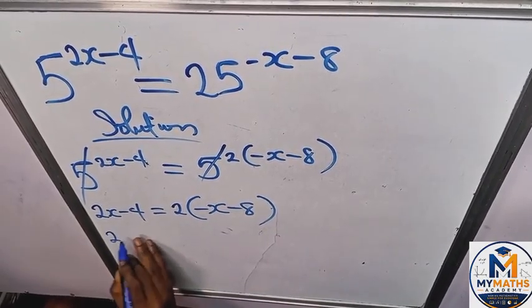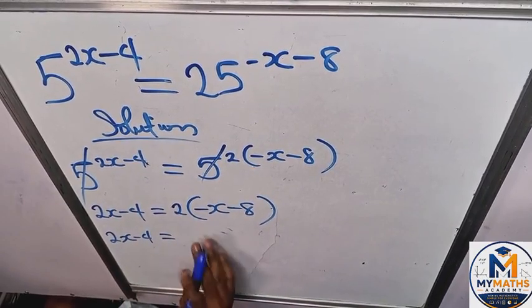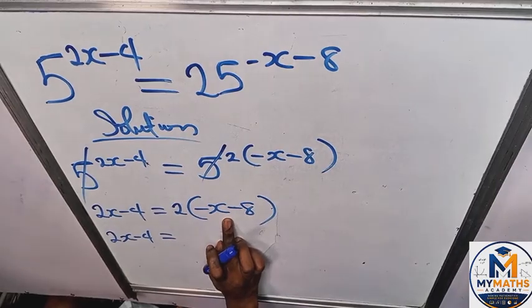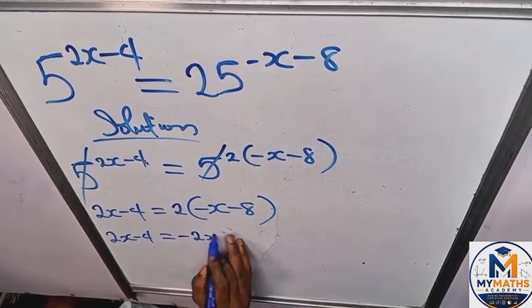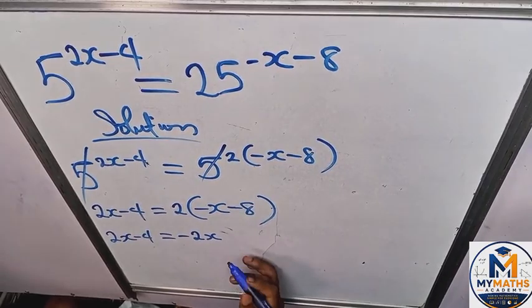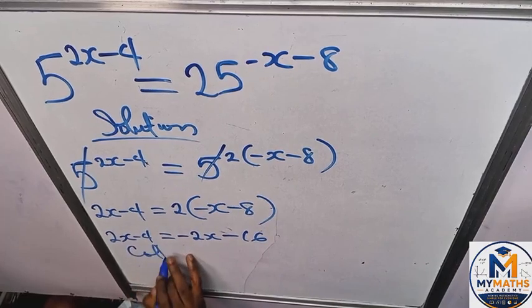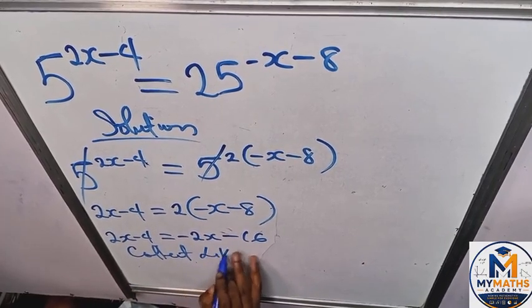And we're going to have 2x minus 4 equals 2 times x, minus x, which will give us minus 2x. 2 times minus 8 will give us minus 16. So collect the like terms.